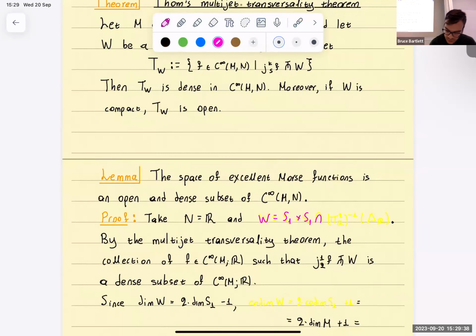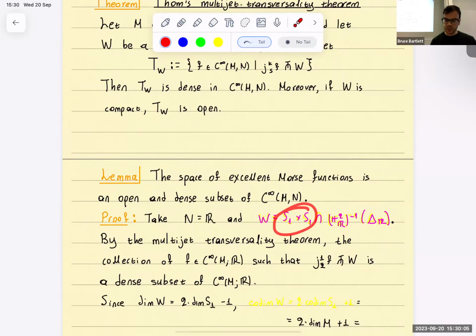The way I would formally write that down is: I look at pi R2 inverse of the diagonal. The diagonal in R is just the tuples of the form x comma x. And I look at the preimage under this projection, and intersect that with S1 cross S1.